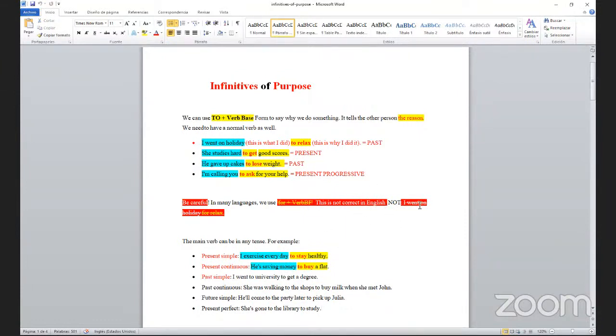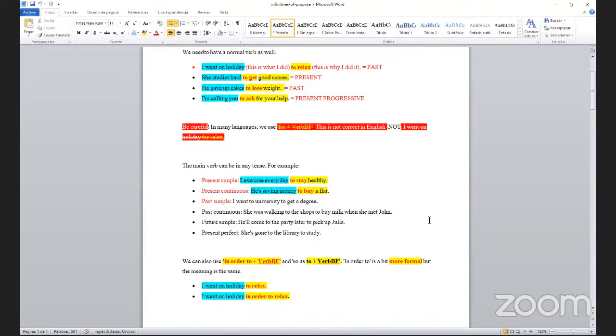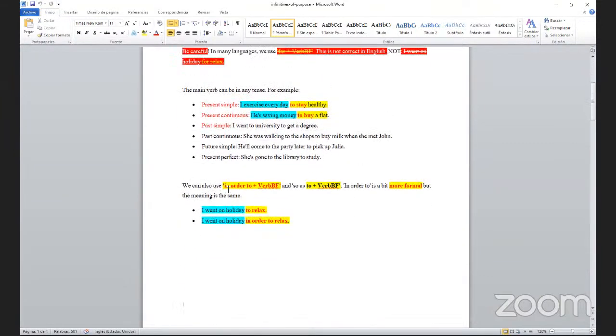The other way that we can make purpose is with in order to plus the verb in base form. So you could say in order to, but it is longer. We use in order to with the verb in base form when we want to talk about something more formal, okay?